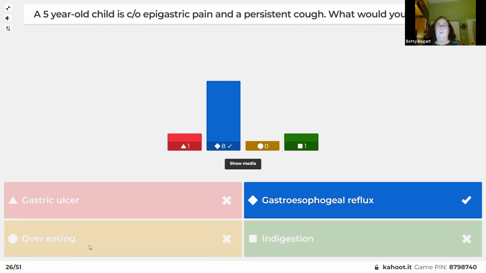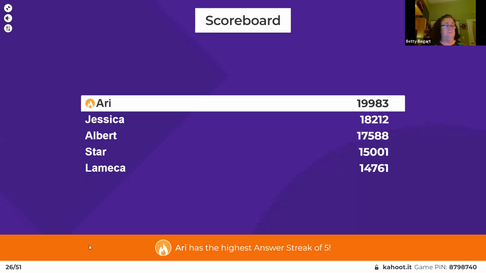Okay. When we have epigastric pain and that cough, that means reflux is going on, which means some can get into the lungs. And that's why the cough, cough, cough. And the pain, because it burns, that reflux. Good.